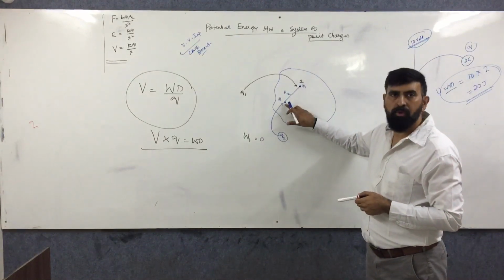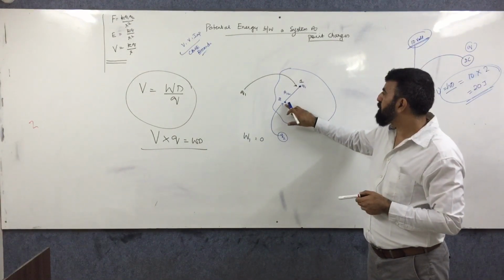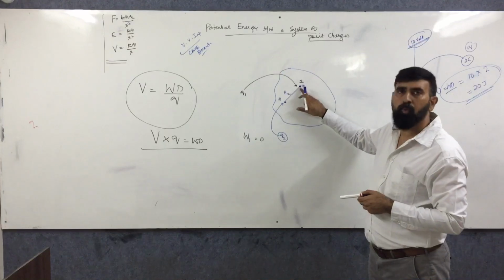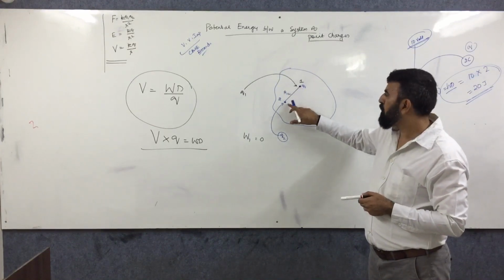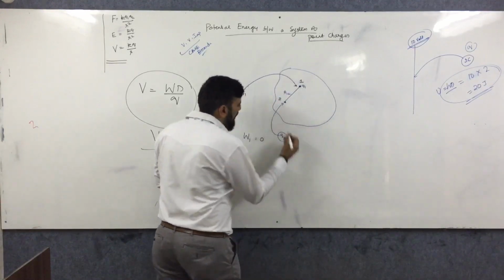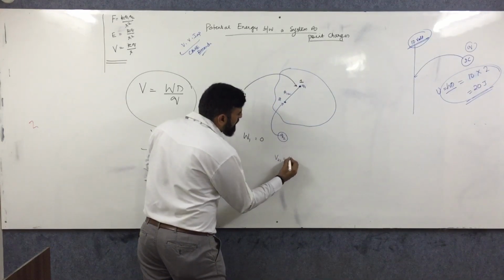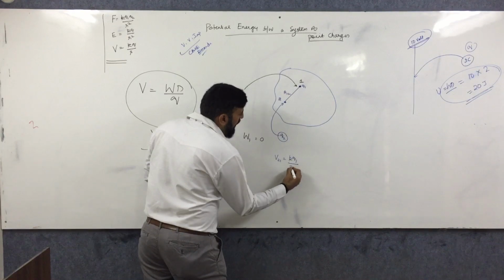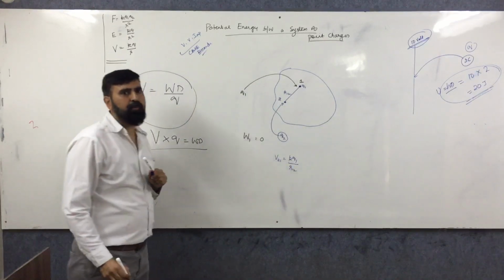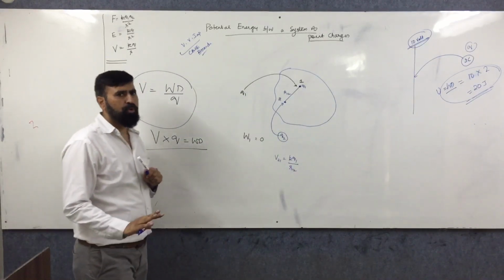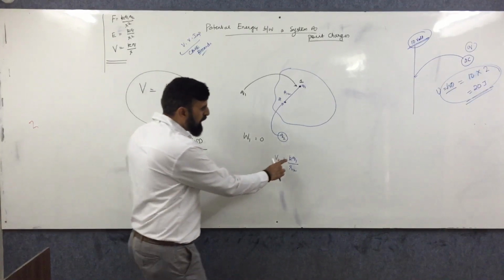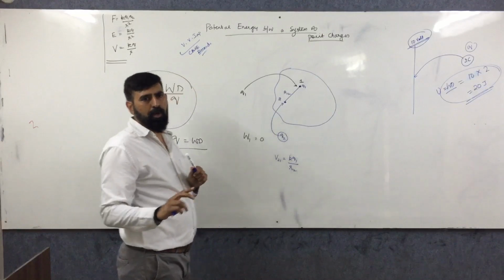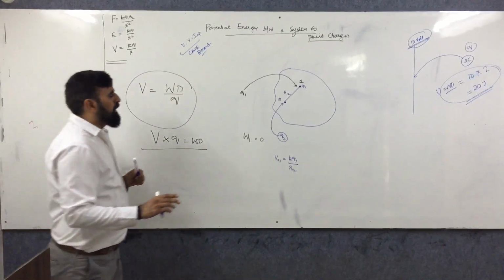But 2 will experience a potential due to 1, isn't it? What is potential at 2 due to 1? Potential at 2 due to 1 will be K Q1 by R12, isn't it?